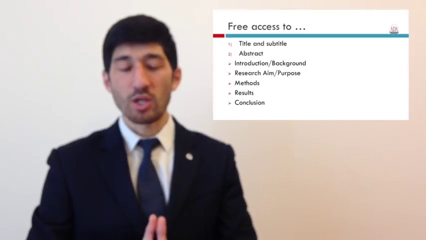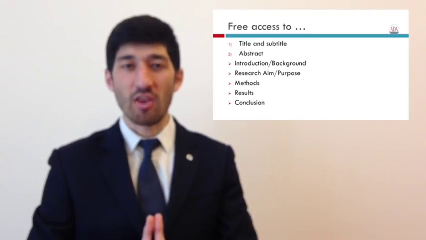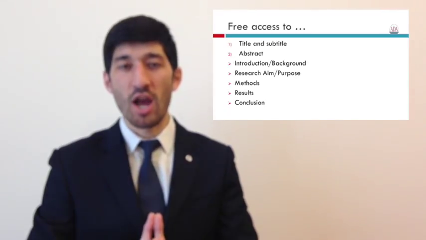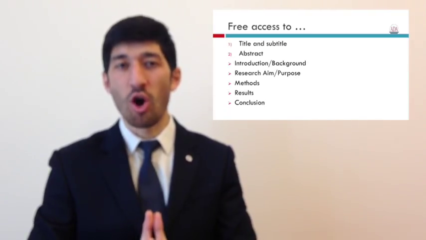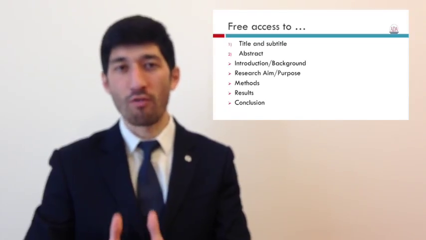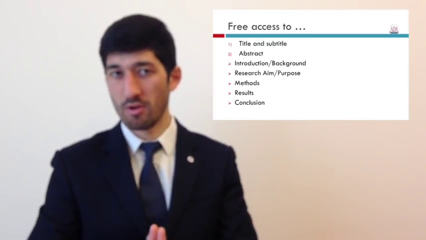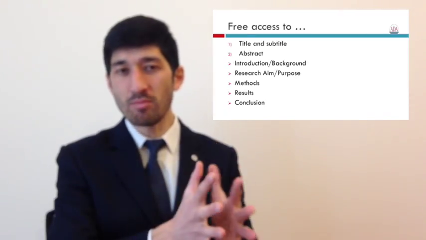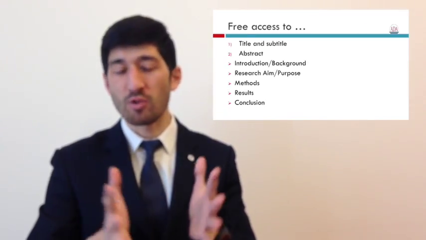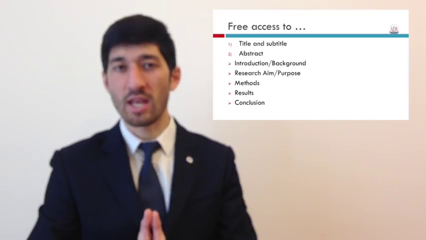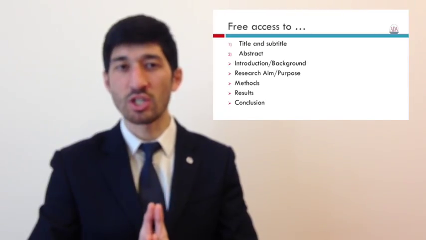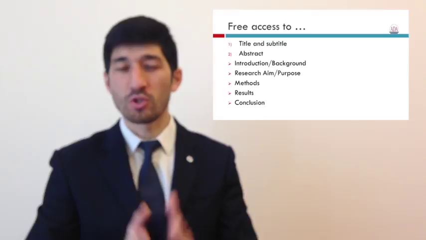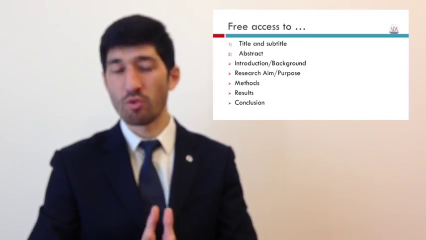The first element of an abstract is introduction or background, which gives the reader a little bit of background information on the topic of the paper. And then there is the aim that is expressed in one sentence or that can come together with the introduction, which puts forth the purpose of the research paper.